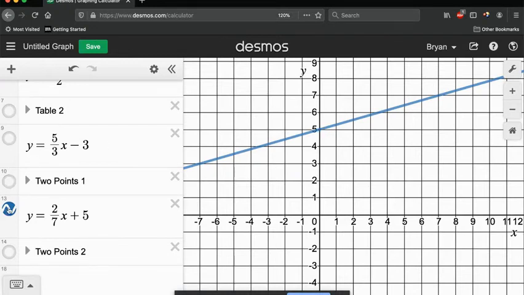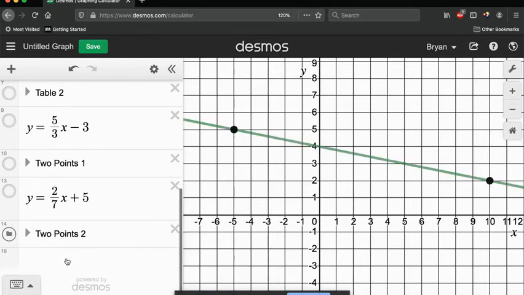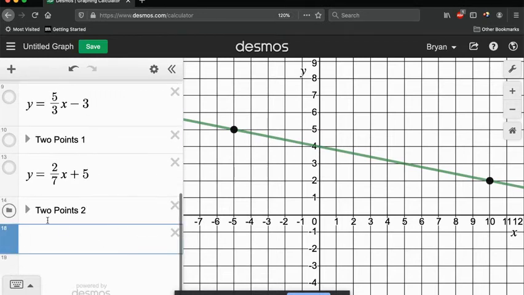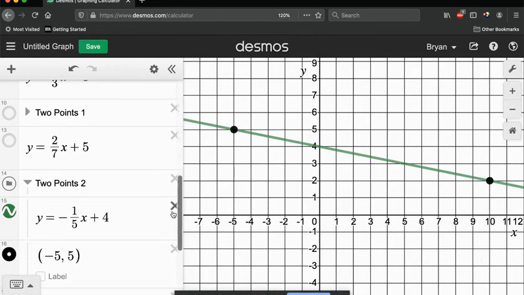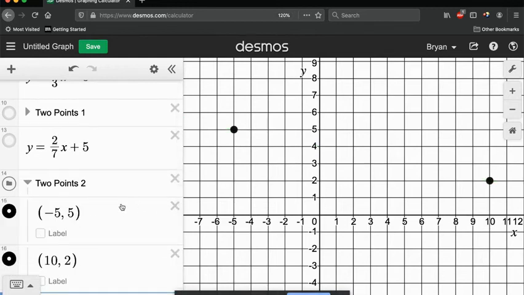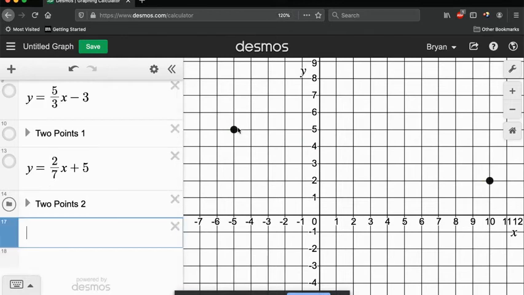However, this is going to have to do with a more challenging situation. Maybe I give you 2 points, but the y-intercept is not clear. So now I gotta think. I'm gonna look at these 2 points, and the first thing I'm gonna think about is the slope.